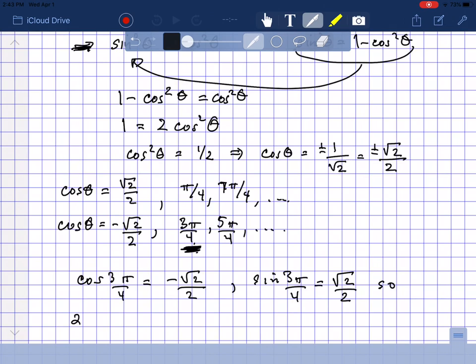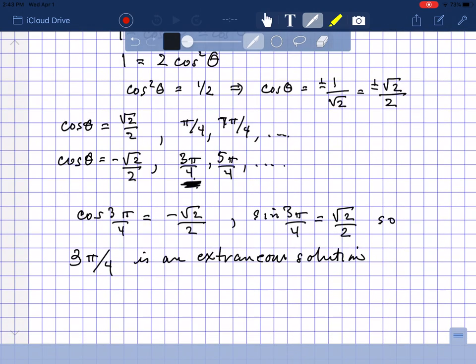Well, we know that 3 pi over 4 is an extraneous solution. So we're going to discard that solution altogether.